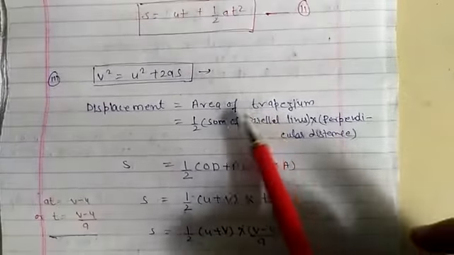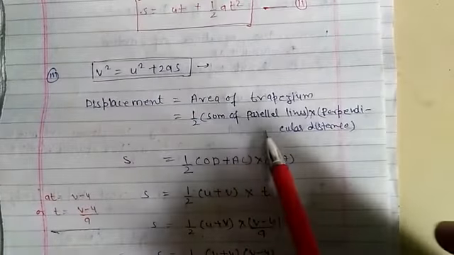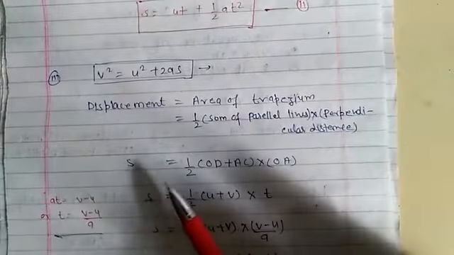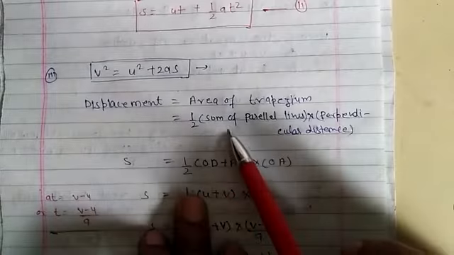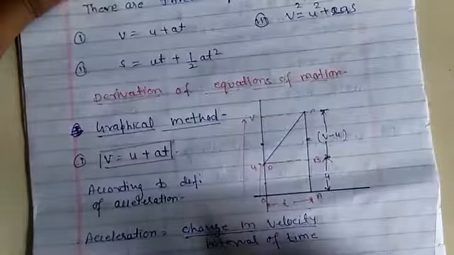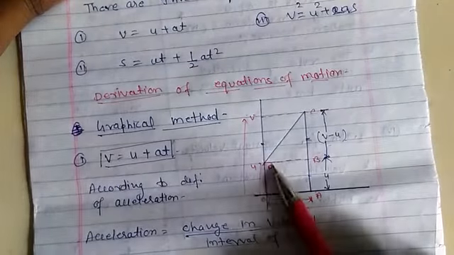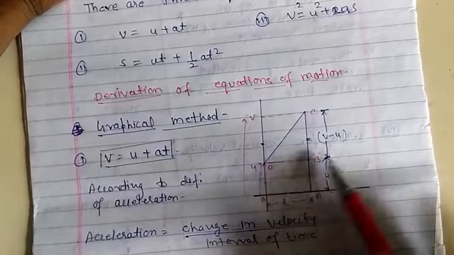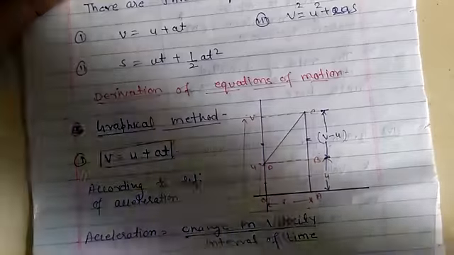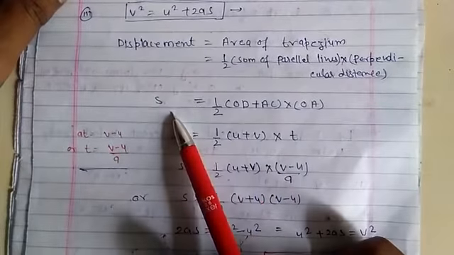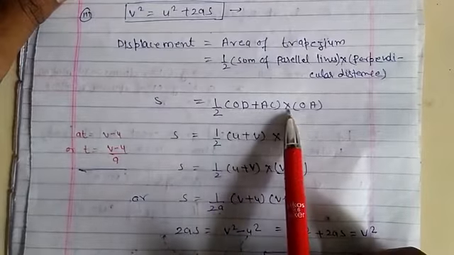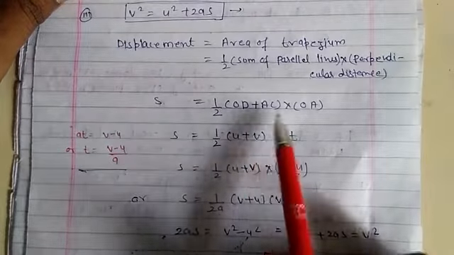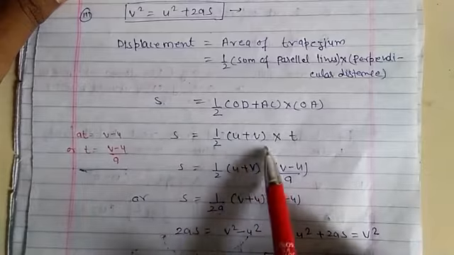The parallel lines are OD and AC, and the perpendicular distance OA or BD is equal to t. So s equal to 1 by 2 into OD plus AC into OA. OA is t, OD is equal to u, AC is equal to v. s equal to 1 by 2 into u plus v into t.